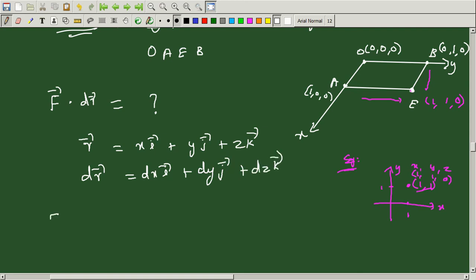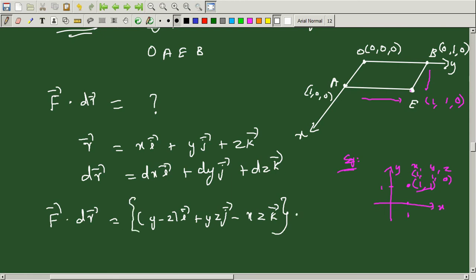Now we are going to find F dot dr. F is the given vector: (y minus z) i plus yz j minus xz k, dot, a scalar product, dr, which is dx i plus dy j plus dz k.